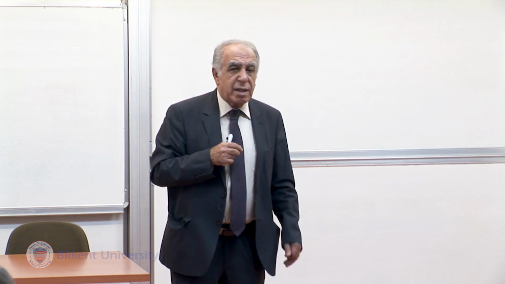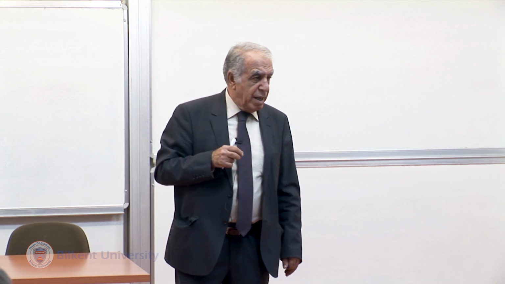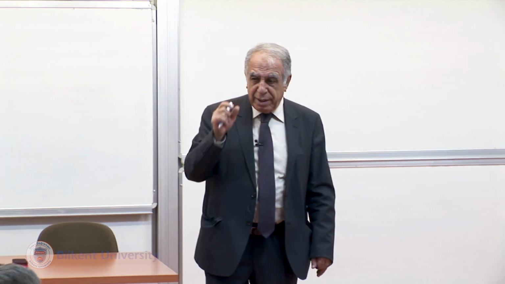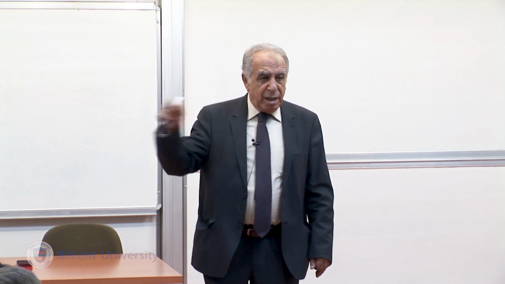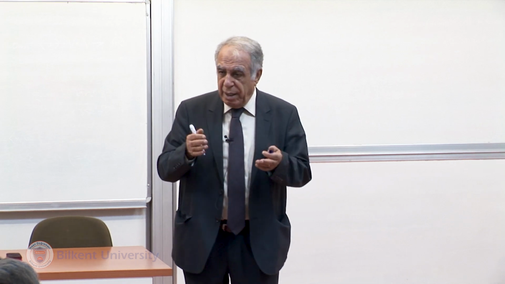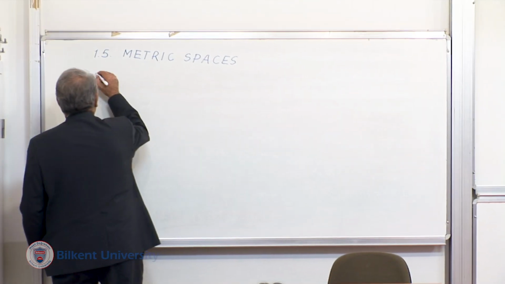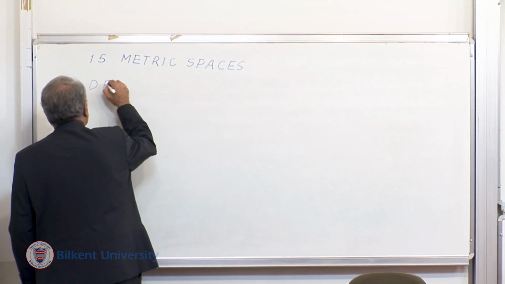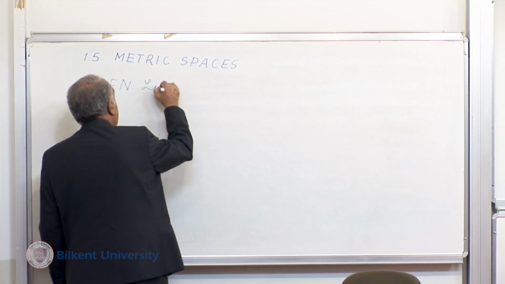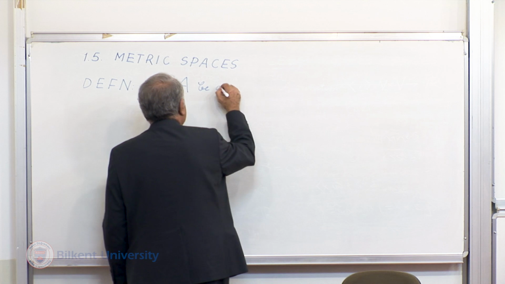So just if you start with a non-empty set, say cap A, define a function on A cross A, that is, to pairs of members of that set, if you assign to that a real number, and if that function satisfies all the properties, that will be a metric. So we'll start with a non-empty set. Let A be a non-empty set.